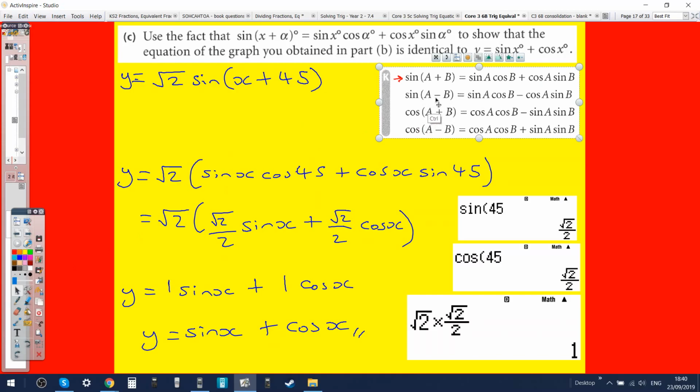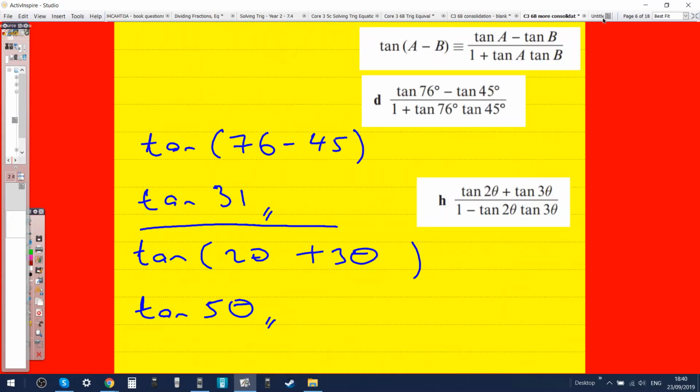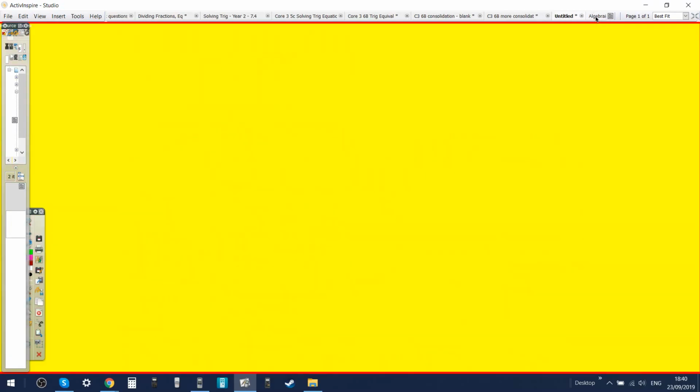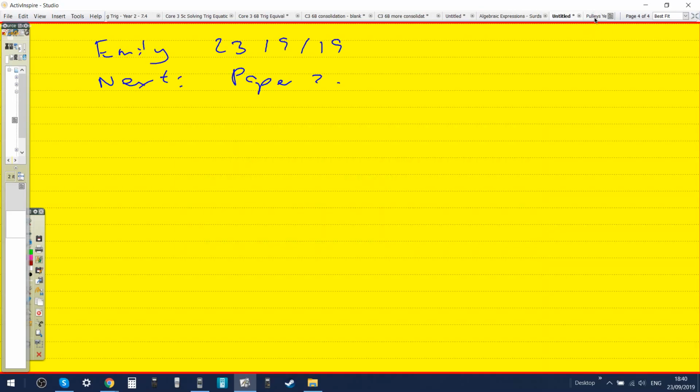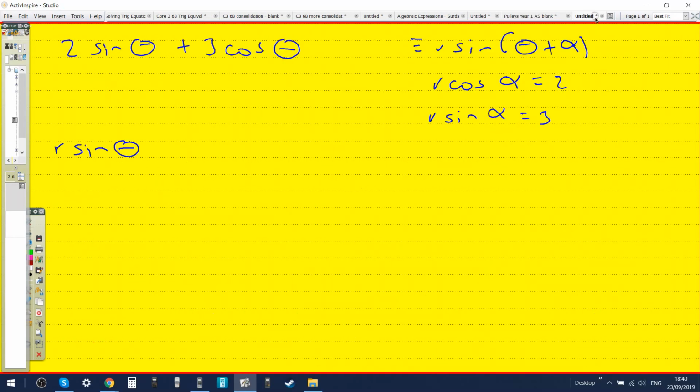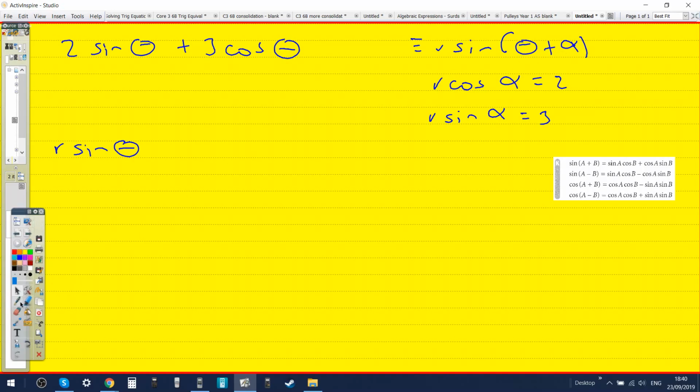So it would be sine theta cos alpha plus cos theta sine alpha. Yeah, and so apply that to r and theta plus alpha.